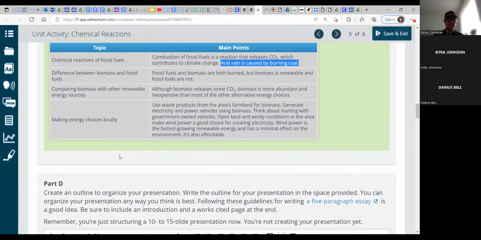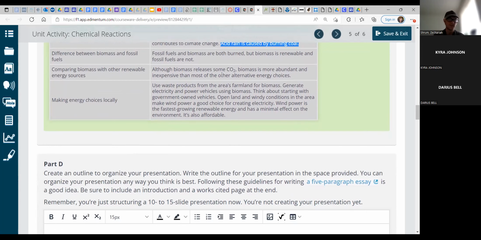Making energy choices locally. Well, here in Oklahoma, this also applies, but you can use waste products from the area's farmland for biomass. You can also generate electricity and power vehicles using biomass. Open land and windy conditions in the area make wind power a good choice for electricity production.